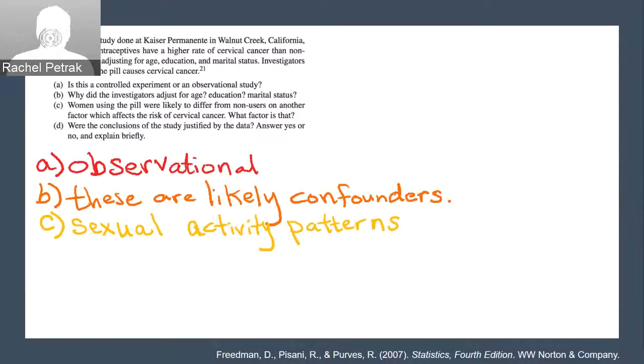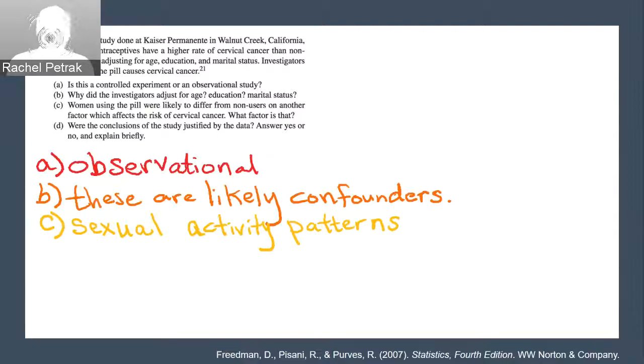Finally, part D, were the conclusions of the study justified by the data? Answer yes or no and explain briefly. Always, when you have a question like this, go back and remind yourself, well, what were the conclusions of the study? So go back into the prompt. Investigators concluded that the pill causes cervical cancer.